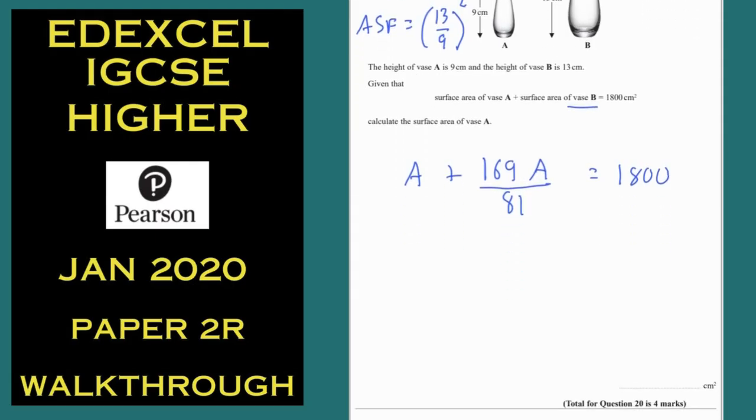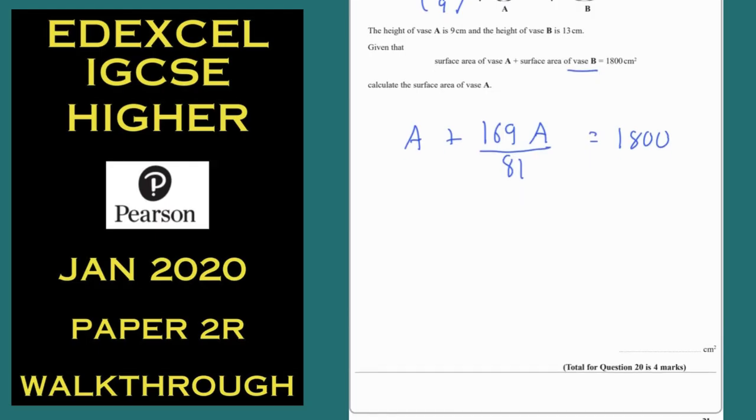And it is just a solve question. Loads of ways of going about this one. I'm going to do it fancy. I'm going to take an A out. That'll give me 1 plus 169 over 81. And say to you that the surface area A is equal to 1,800 divided by all that nonsense. And if you stick it all in your calculator, we get 583.2, which, believe it or not, is correct.